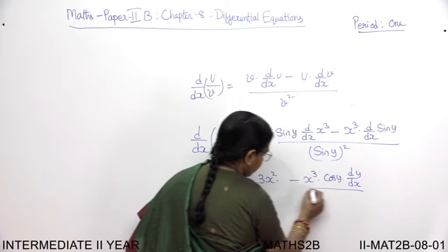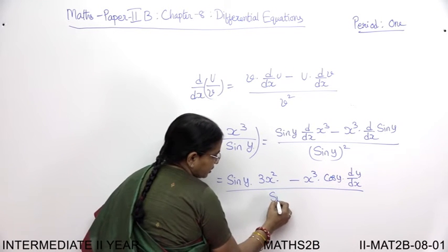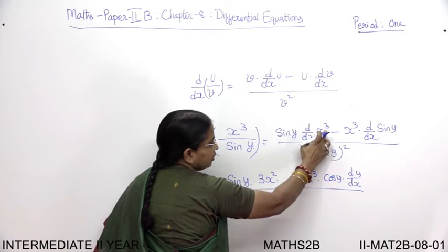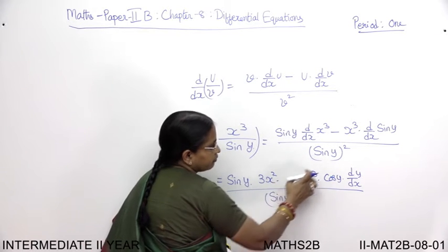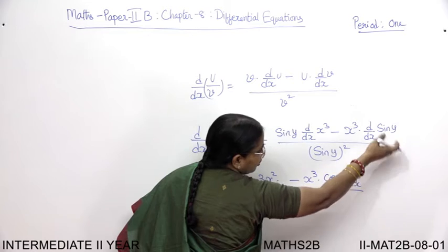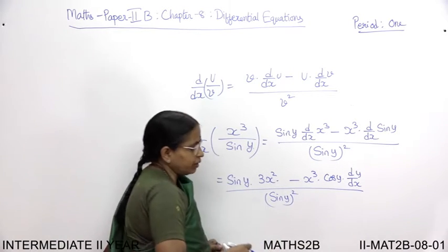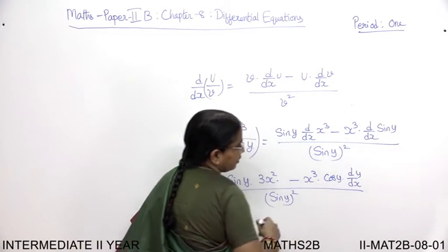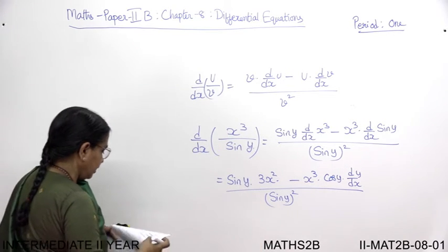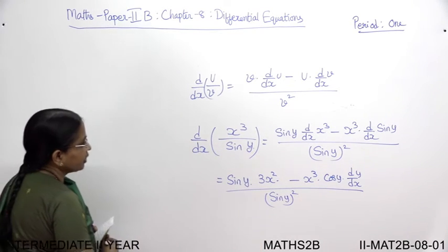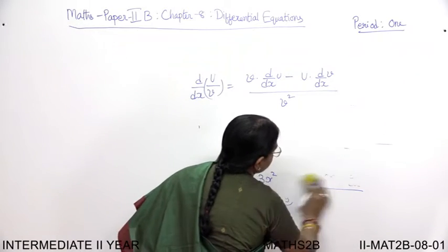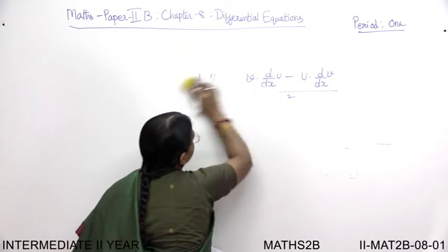So like this we do the differentiation, over sine y whole square. If it is the same variable, you will not write any coefficient. If it is a different variable, you will write its usual derivative and then multiply by d by dx of that variable. So like this we find the derivatives of these functions. This is about the quotient rule and product rule.